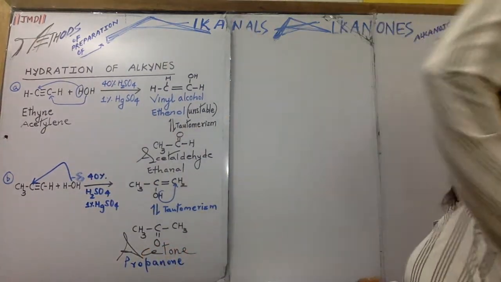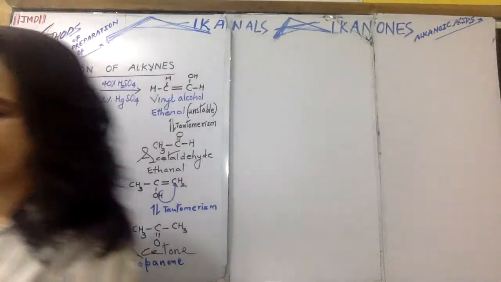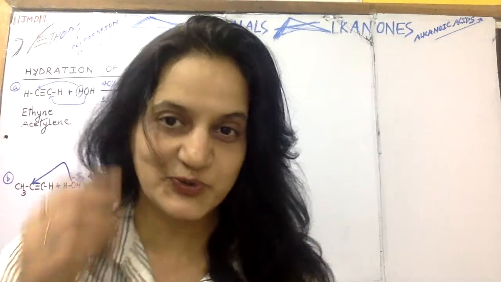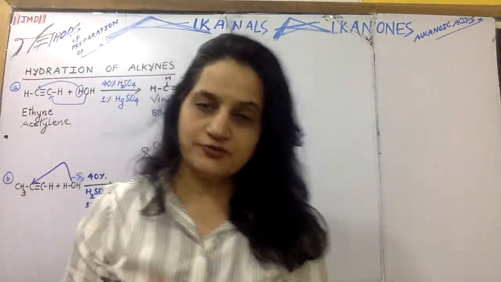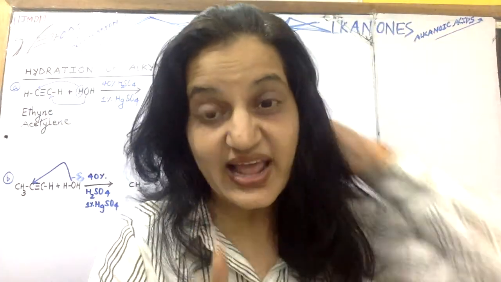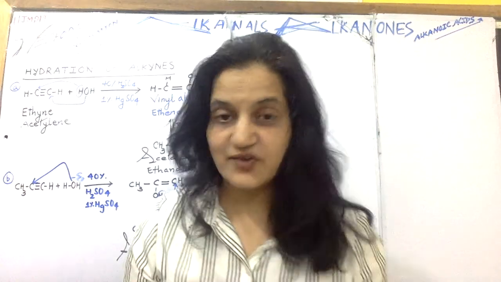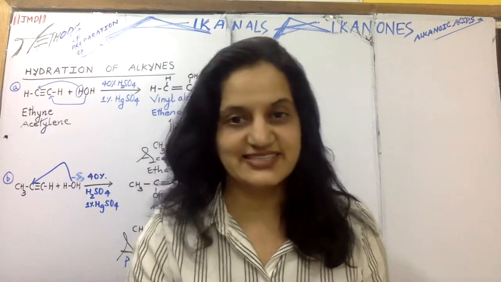So you cannot get an aldehyde, you will get a ketone only. Hence by hydration of alkynes we can prepare only one aldehyde, acetaldehyde. All the rest of the molecules we get are ketones.